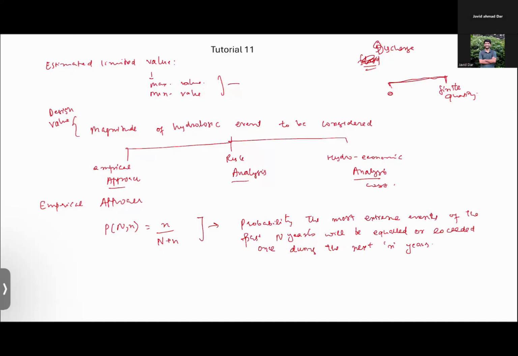Now let's say that the extreme event has some duration. So it can persist for 1 year, 2 years, 3 years, or a few days. Now let's say that the event lasts for m years.